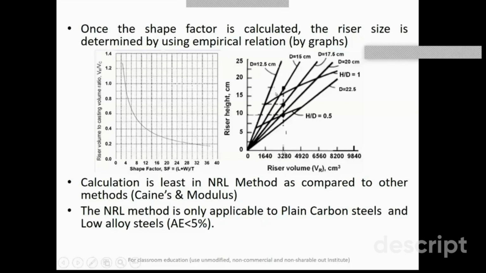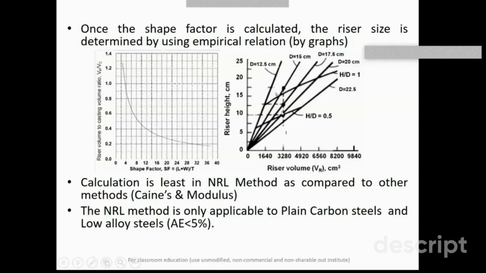And now from the volume ratio and the volume of the casting, you will have the riser volume. And then easily you can draw a vertical line, and it will cut different points. Now you will consider those points within these two lines, H by D equals to 1 and H by D equals to 0.5, because both lines represent the optimal size of the side riser and the top riser. So you will consider the points which are coming between these two curves.